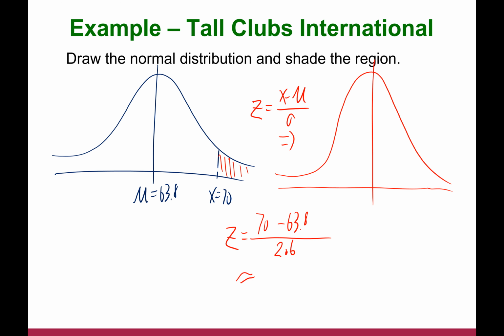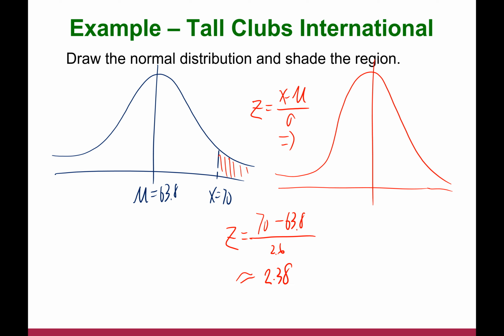Round the answer to 2 decimal places, and that turns out to be 2.38. So the z-score is approximately equal to 2.38.